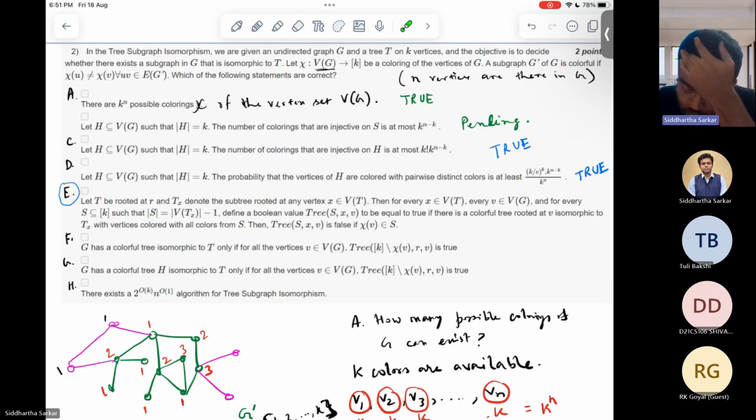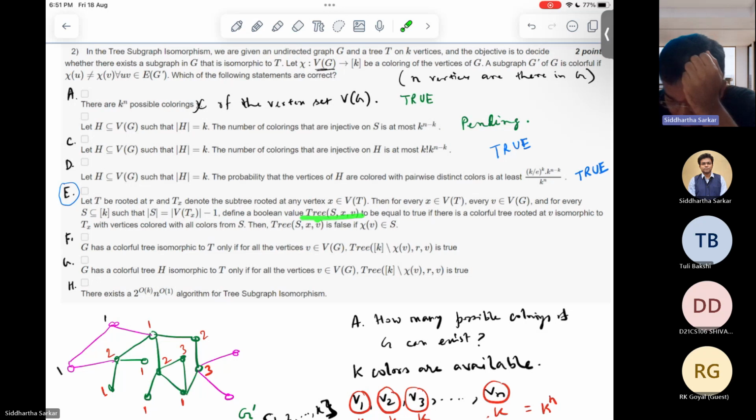S is a subset of colors, so S is sort of the colors that we can use. So mod S is one less than the number of vertices in the subtree rooted at Tx. So we define a Boolean variable corresponding to these things.